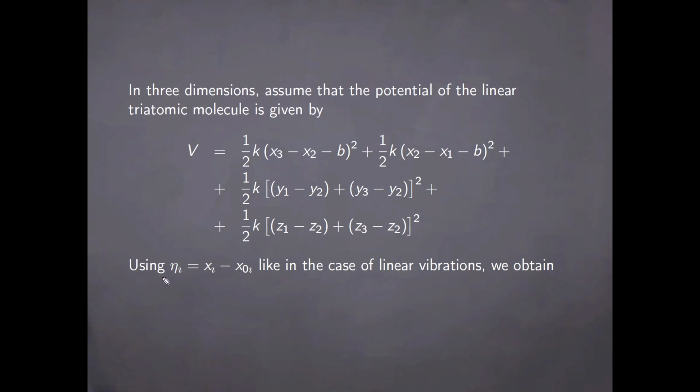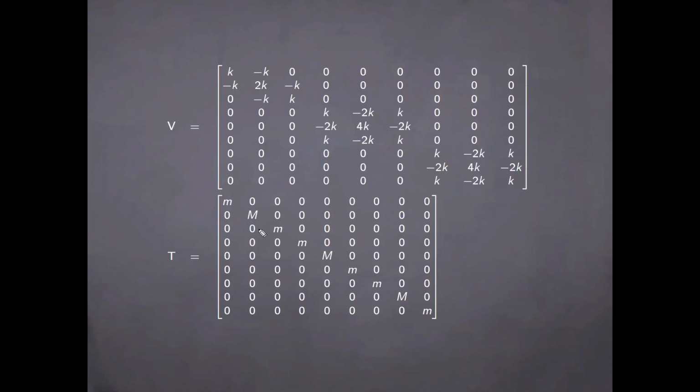And then using the same coordinate transformations that were applied in the case of linear vibrations, we can write the matrices corresponding to the potential and kinetic energies. So as you can see, once we allow for vibrations in the y and z directions as well, if we have 3 free atoms to begin with, we are discussing a problem which already has 9 degrees of freedom.